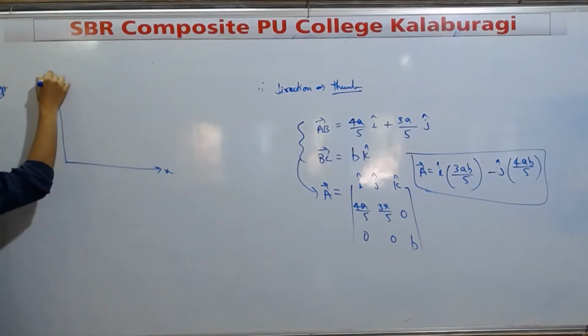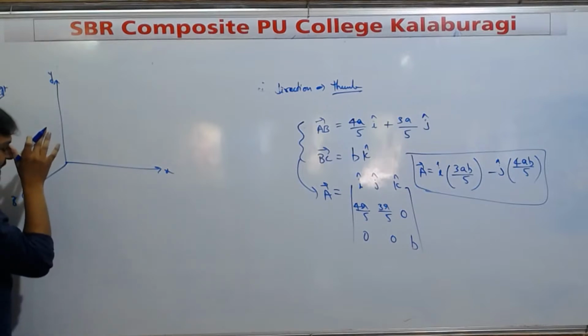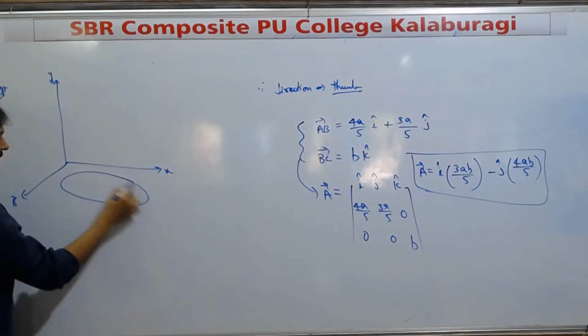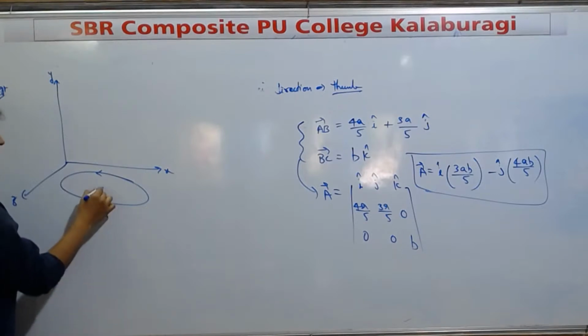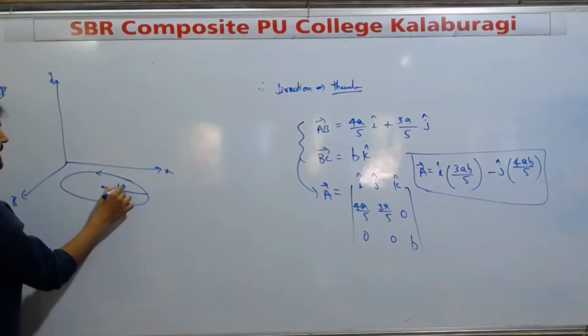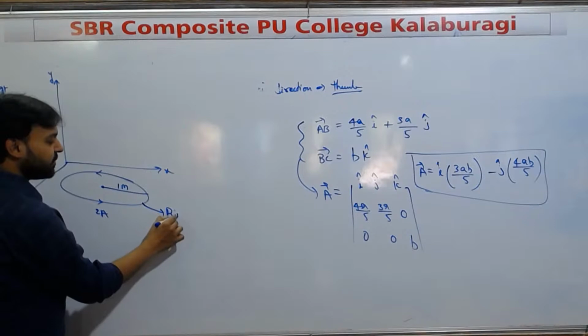X, Y, and Z. Now in this question, I place the area vector here, and assume a current of 2 amperes is going, and assume radius 1 meter. Assume it is a circular ring. Don't be confused.